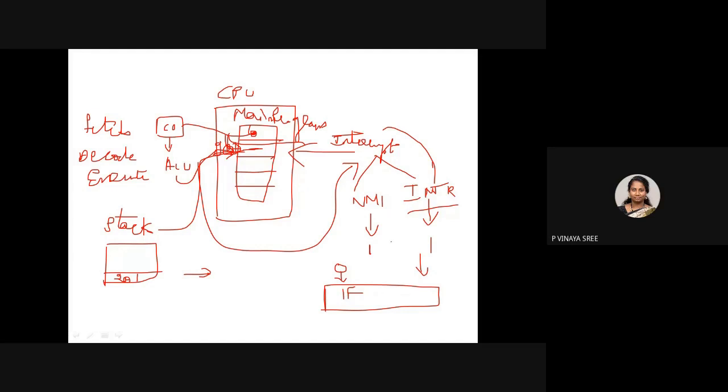Because if the NMI pin is activated, for sure the processor has to provide the service. But in INTR, it depends upon whether it is masked, which depends upon the IF bit. If it is 1, it provides a service, but it has to know the interrupting device. For example, an external peripheral device has given a request to the processor saying I want your service, but it has to get an acknowledgement, right?